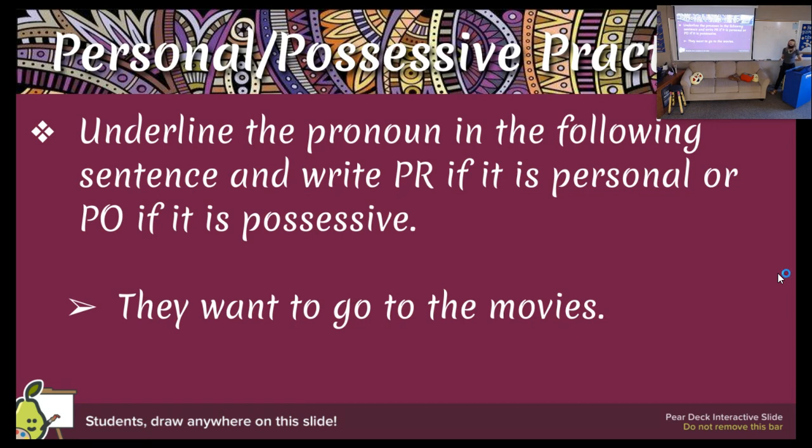So what I want you to do, in this sentence, is underline the pronoun. If it's personal, write PR. If it's possessive, write PO. And remember, if it's possessive, it'll be functioning as an adjective, but for the sake of learning, I want you to underline it.